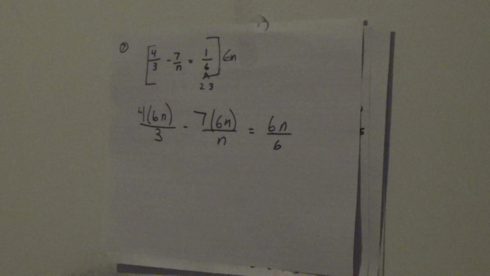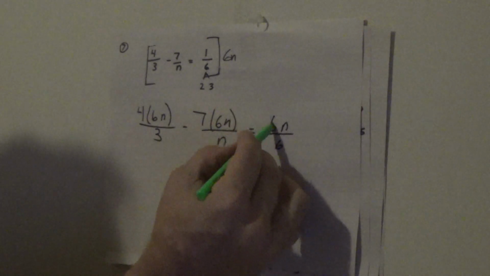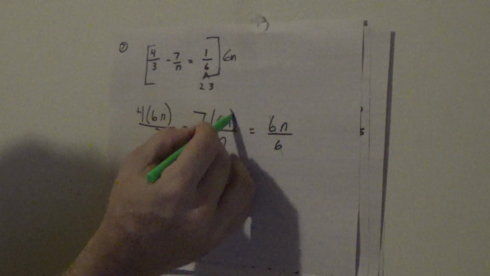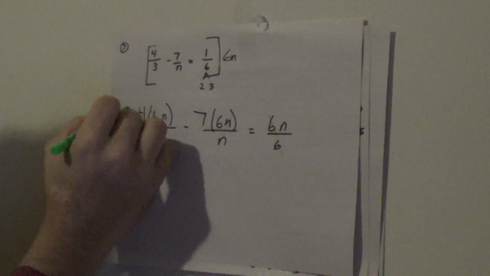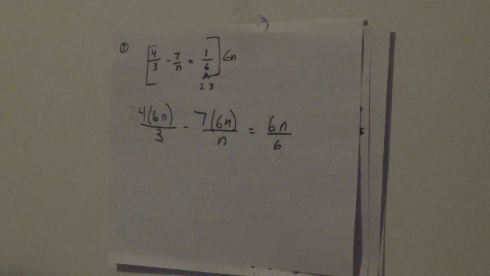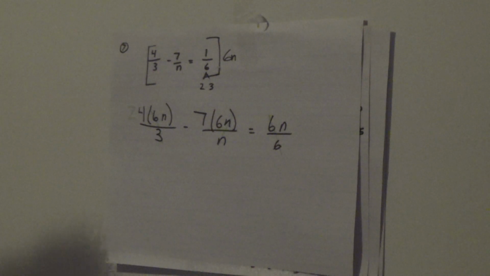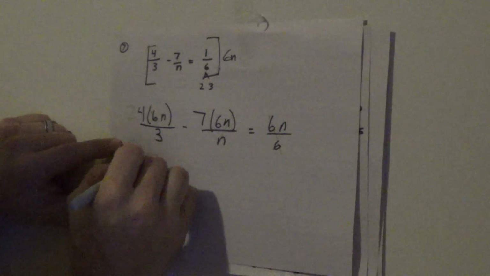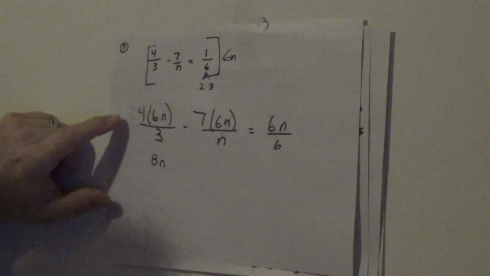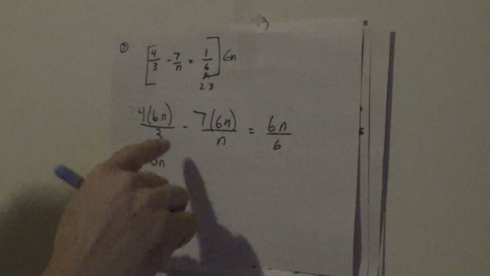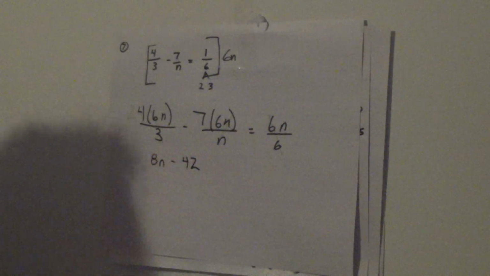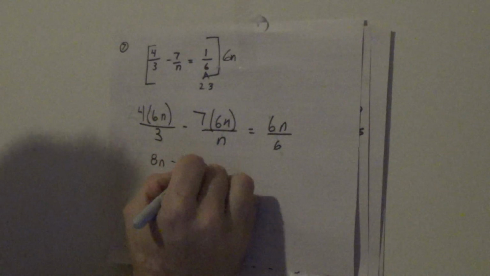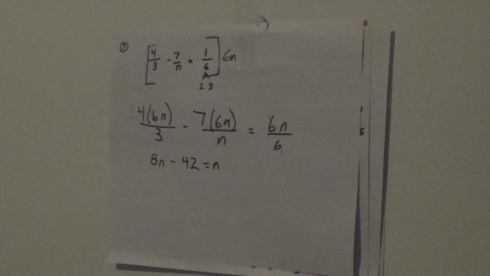If you look, you can cancel or reduce the 6 over 6, the n over n, and the 6 and the 3 will cancel and make a 2. This will allow you to have 2 times 4 or 8n here, 7 times 6 or 42 there, and that will equal n. So it simplifies just like that.